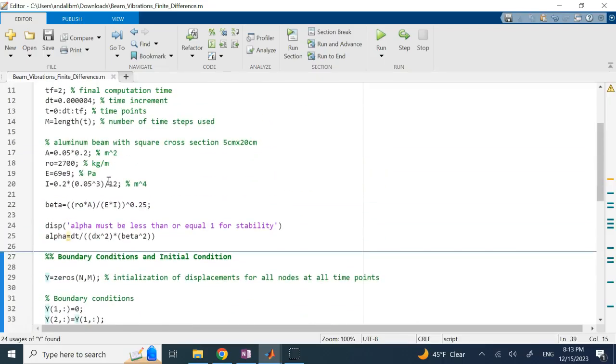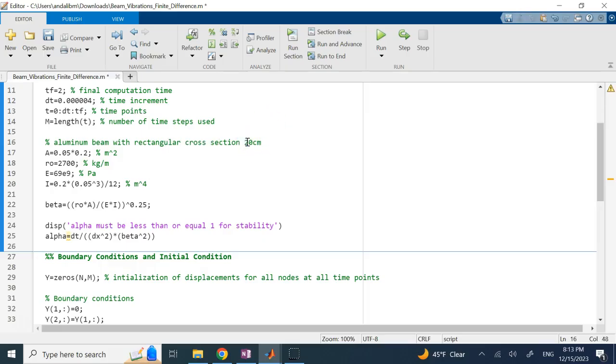And the beam here is made of aluminum. So this rho and this E are from aluminum. And I use a cross section that is not a square, really; it's a rectangle, with a rectangular cross section which is 5 centimeters height, 20 centimeters width.